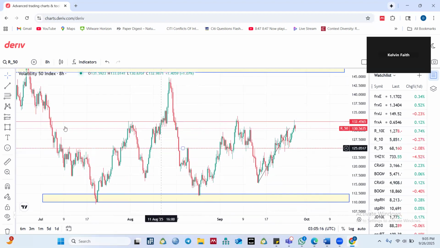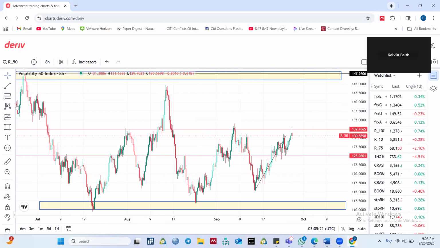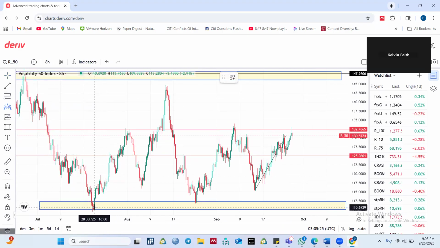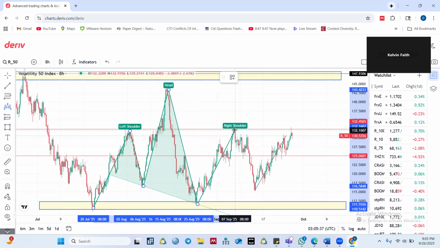Another thing is that I kind of see this whole pattern as a head and shoulder pattern, where I have a left shoulder here, I have a neck here, and I have a head here, and I have a neck broken, and I have a right shoulder that is formed here, and price has come up.